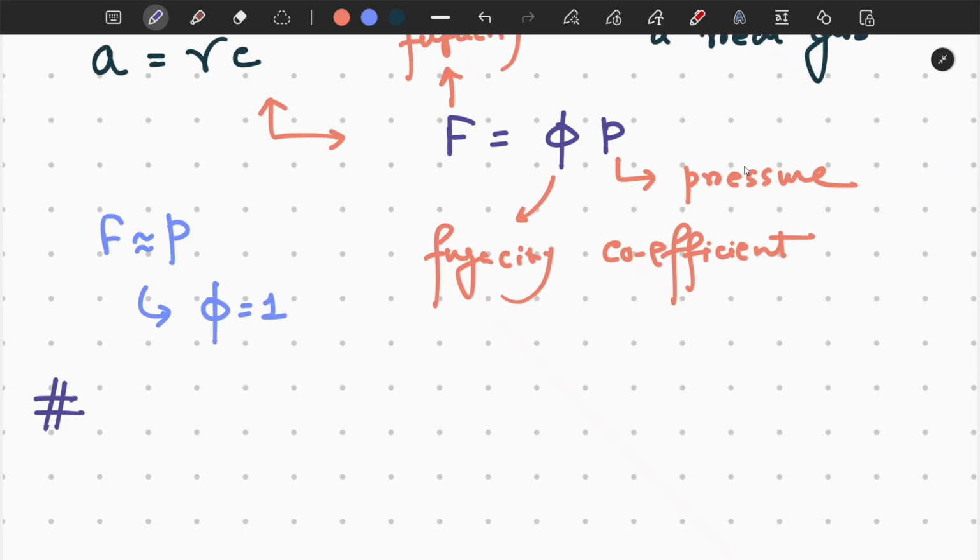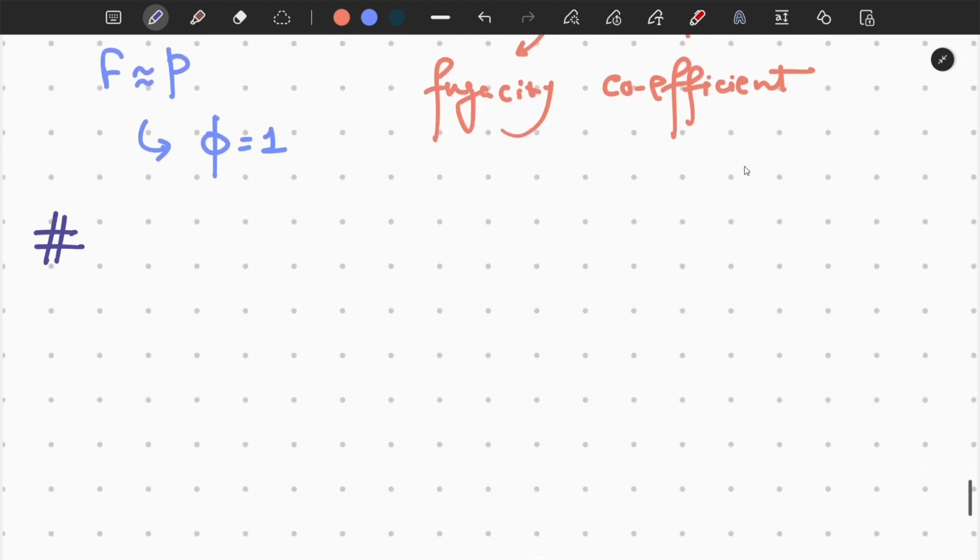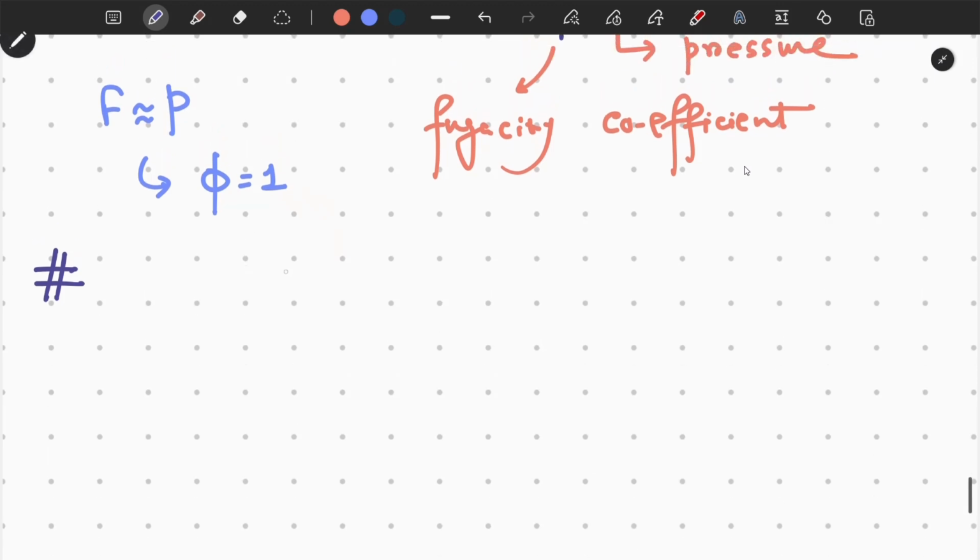Okay, so now let us calculate the activity coefficient. How can you calculate the activity coefficient? So let me start with this.